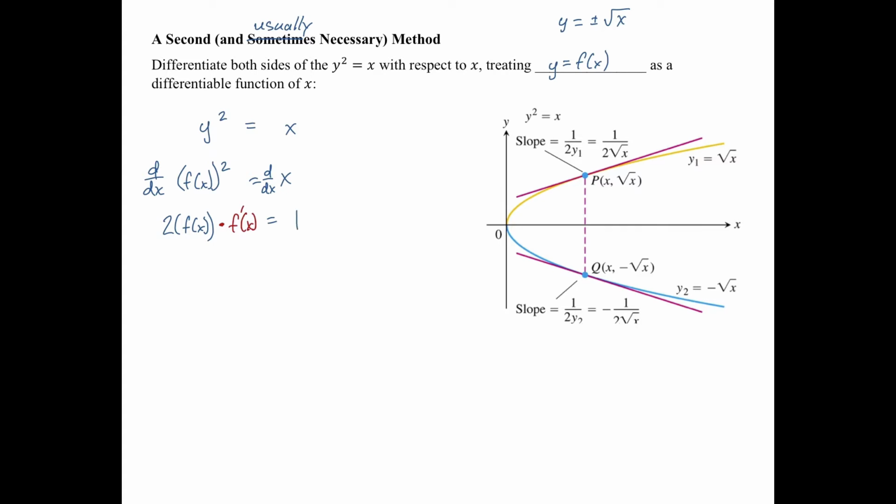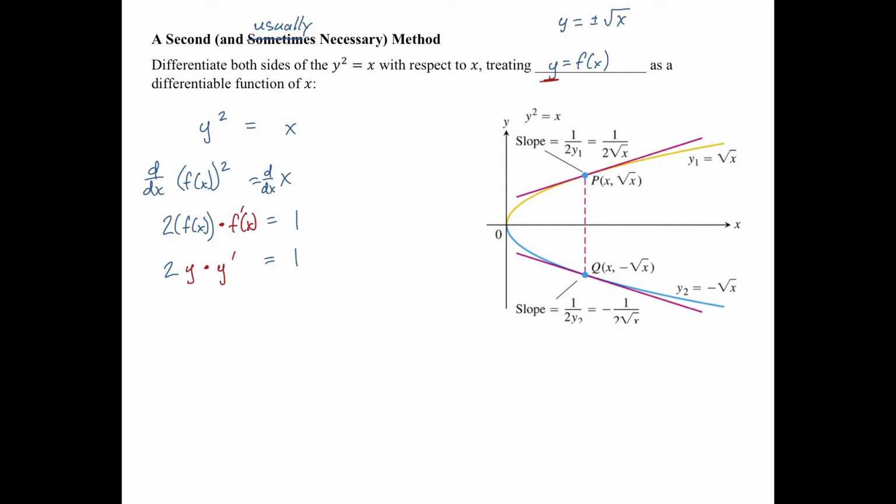Now, it may be a little confusing taking this f prime of x around, so what may be easier is just to translate this back to y. That is to say, we have 2 times y prime equal to 1. So this is another way to notate it. And another way to notate this is using the differential notation.